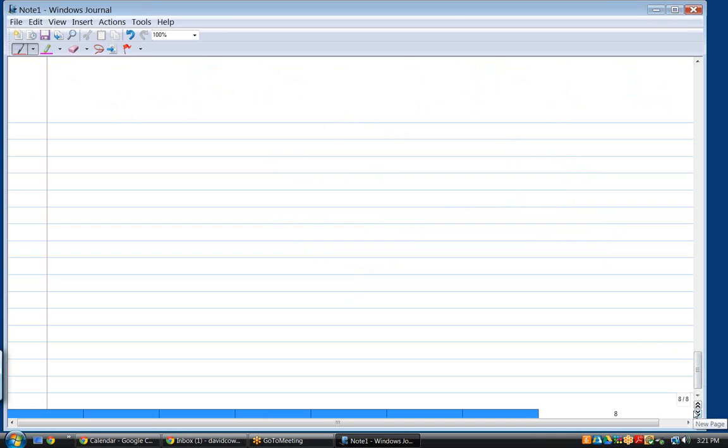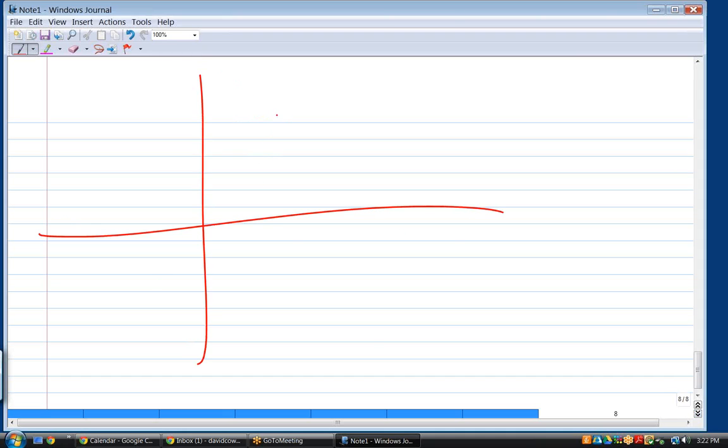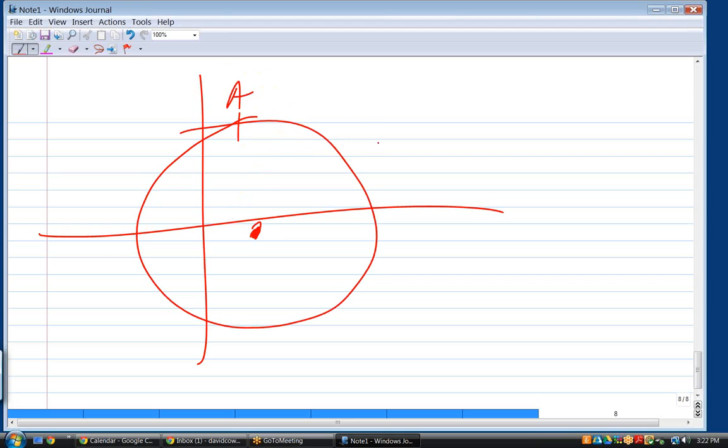What else? There's another circle like the second one we did, where it's a circle and it has AB. What's the size of the angle? 30 degrees. Do they want to know arc length or area?